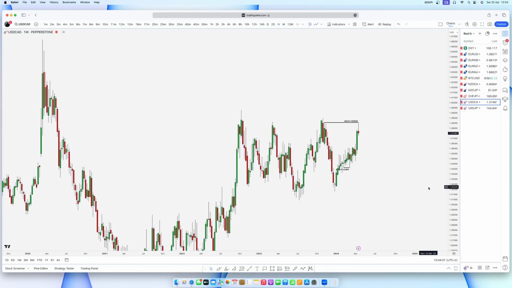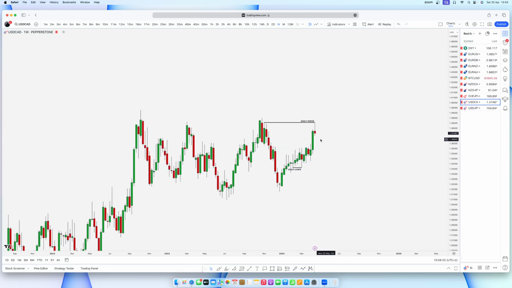If our predictions are right, and all fundamental data is calling for higher pricing on the dollar index, then definitely USD CAD is going to continue to the upside. Therefore, this daily high is going to be taken out, and then USD JPY, same thing is going to happen.